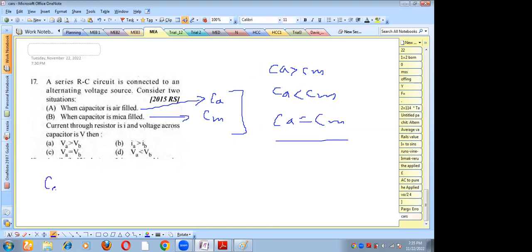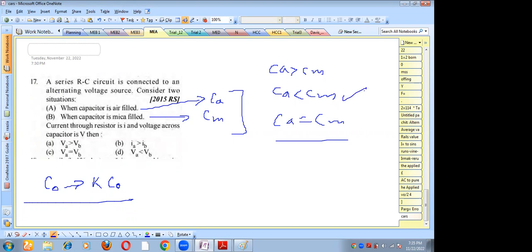If capacitance in air is C naught, capacitance becomes KC naught, right? Capacitance increases. Whenever you fill any air capacitor with a dielectric, capacitance always increases. So what will be the answer for that? 1, 2, or 3? Yes, CM will be greater than CA, because when you fill it with a dielectric, capacitance always increases.